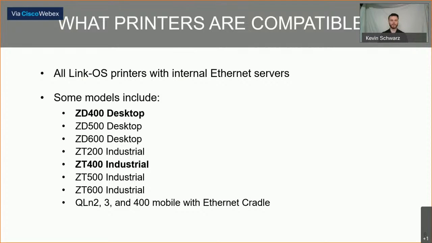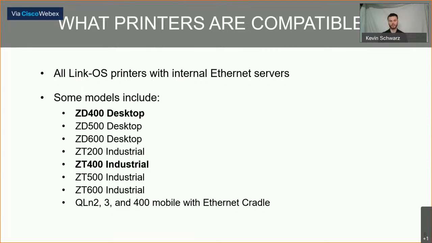The ZD400 desktop is a compact desktop printer that replaced the popular GX and GK lines that you probably have a lot of in your facility. If not, you probably have ZD400s in your facility as well. The ZT400 replaced your popular ZM and XI4 style printers.